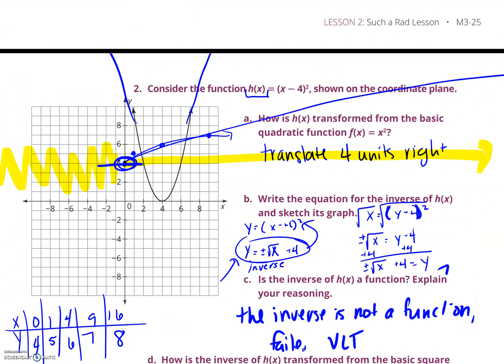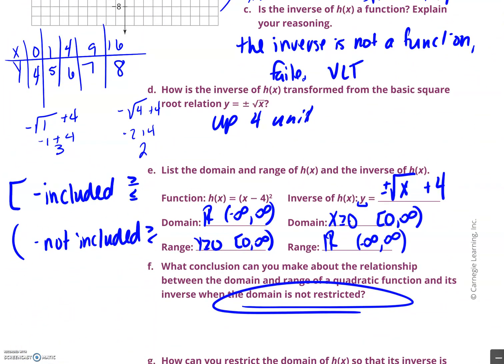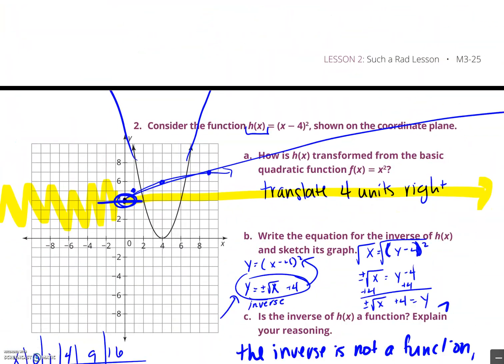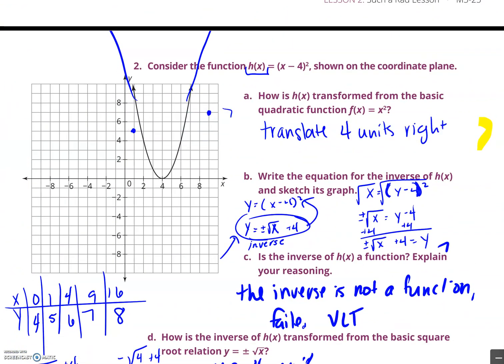All right, so if we restrict that in h of x, as we did, then our original function will change just a little bit. So if we're restricting it to where h of x is greater than 4, then we are essentially erasing this side of the line.